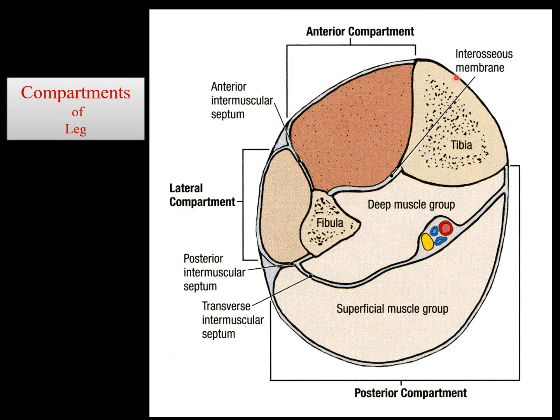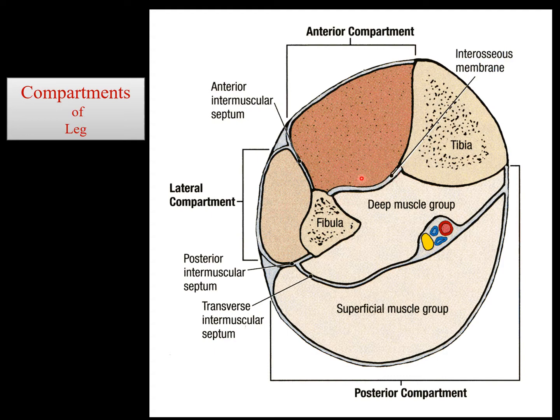This outer structure that we see is the deep fascia which is enclosing our leg. So the inward invagination of this deep fascia as the anterior intermuscular septum and its attachment on the fibula further divide the anterior compartment into two, the anterior compartment as well as the lateral compartment, which is also known as the fibular or peroneal compartment.